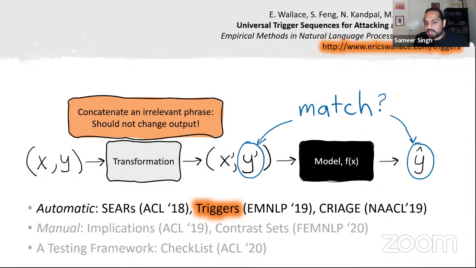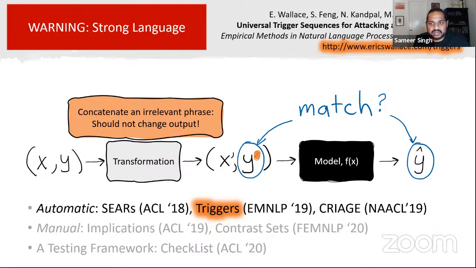So X prime here is basically X with some irrelevant phrase added, and Y prime is the same as Y. And this is an irrelevant phrase because we try it out on many different inputs. So it's not relevant for the task, but also it's not specific to any input. This is just a phrase, we call it a trigger, that if you add it, causes the model to change its predictions, even though it should not.